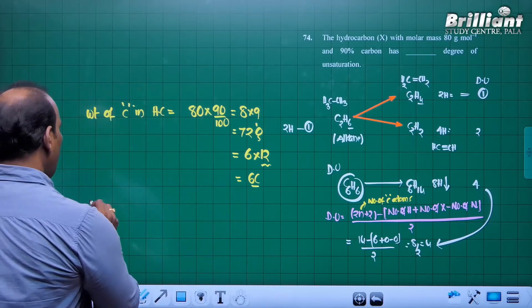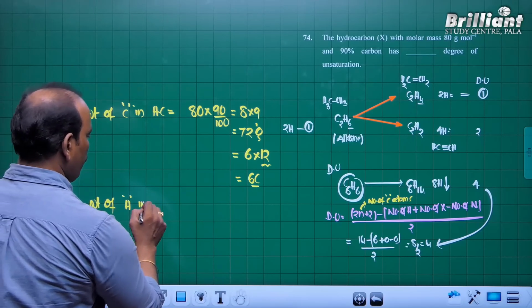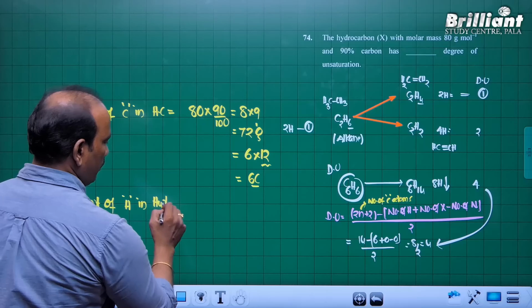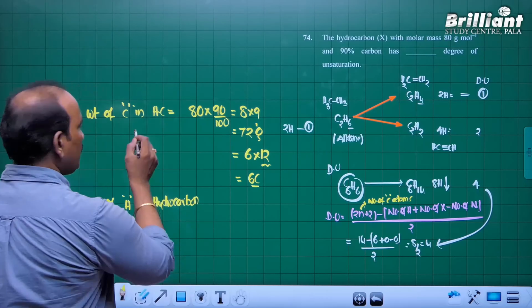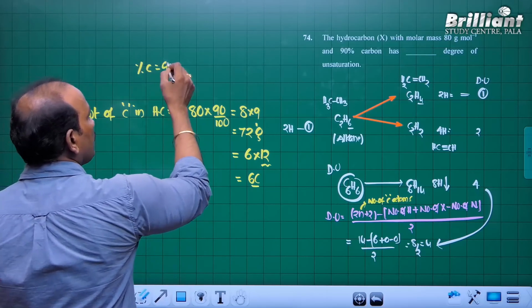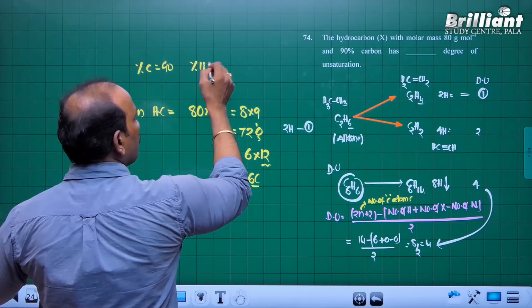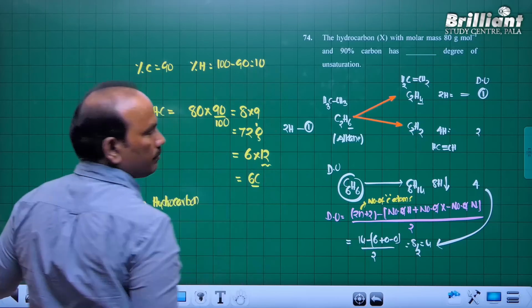Now, the weight of hydrogen in the hydrocarbon. Percentage of carbon is 90%, so percentage of hydrogen is 100 minus 90, only 10.